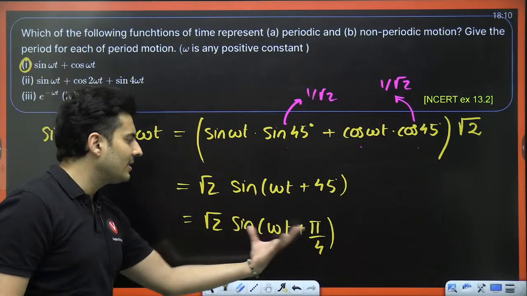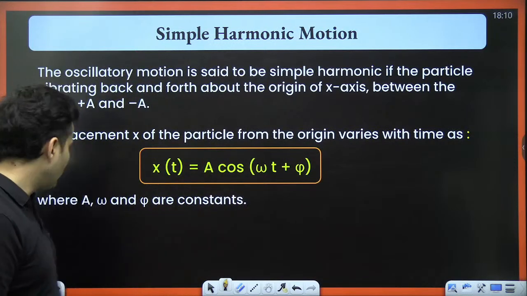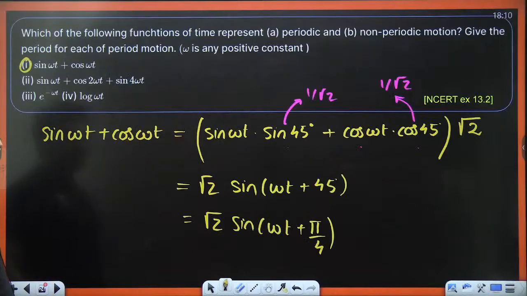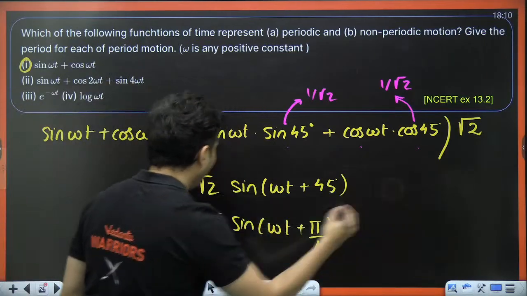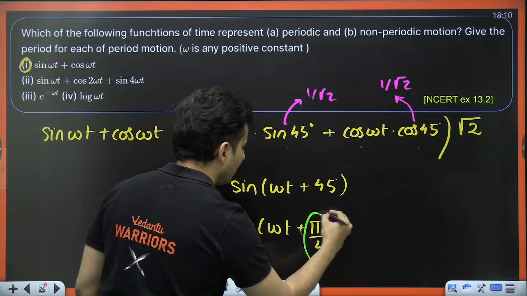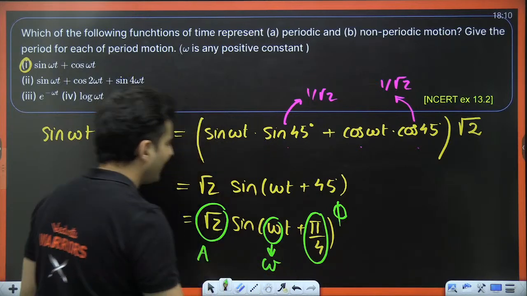So now isn't this like your equation of SHM? X is A sine or cos omega t plus phi. It's exactly like that, where this is your amplitude, this is your phase constant, this is your actual omega.